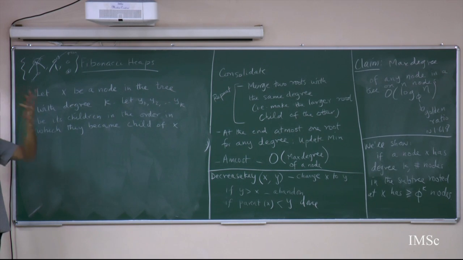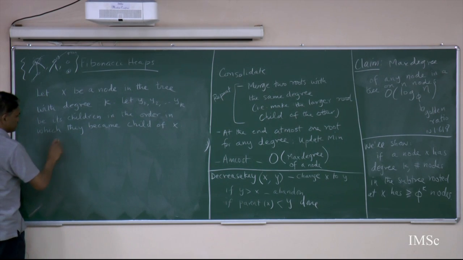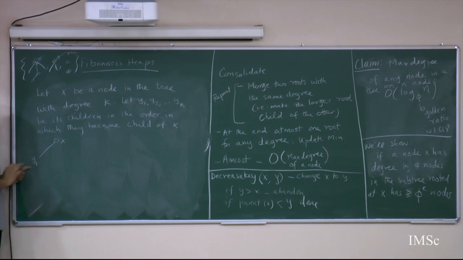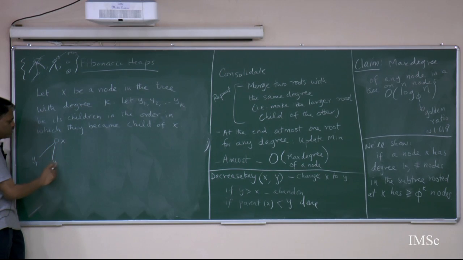It may not even be a root; it could be any node in one of the trees, and its degree is k. I go back and say who got attached to x first among its children. y1 got attached to it, and then y2, and then yk. Maybe there were more nodes which got cut later on. That's okay. This is the current set of children of x.